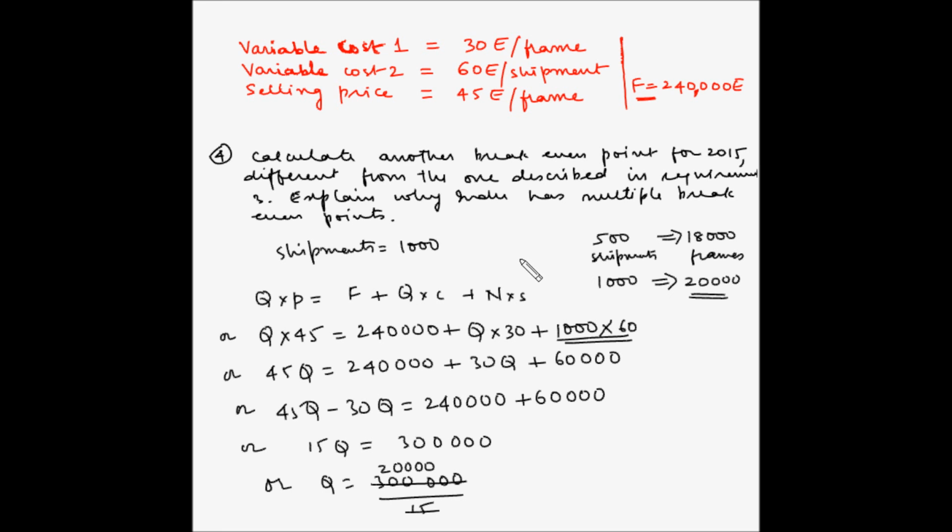So now why does Indu have multiple break-even points? Indu here has multiple break-even points because there are two different cost drivers, cost 1 and cost 2, which is quantity of picture frames and the number of shipments. And the various combinations of these two cost drivers will yield different break-even points.